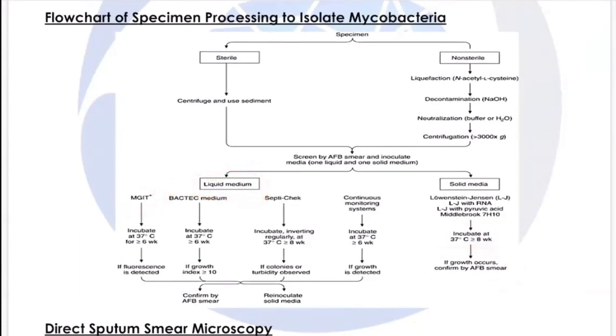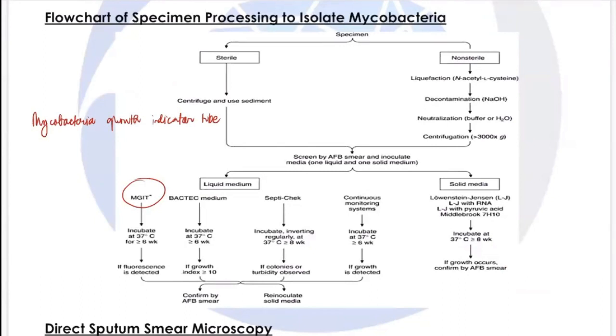Gusto ko lang siyang i-expound. MGIT, yung ibig sabihin nito is Mycobacteria Growth Indicator Tube. Usually, pwede din itong gamitin for us to be able to detect drug-resistant strains.